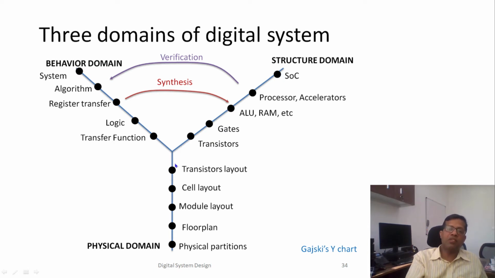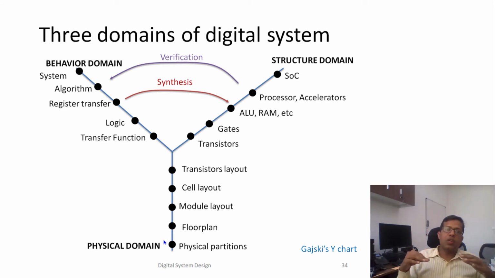In the physical level, we will have layout information. You remember when we say planar IC, integrated circuit, all the transistors are in the same plane. That means there is a physical location in that one plane for each of the transistors. So where all those transistors are laid out is called layout.